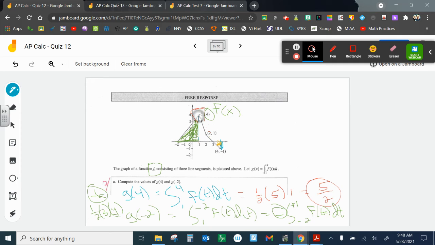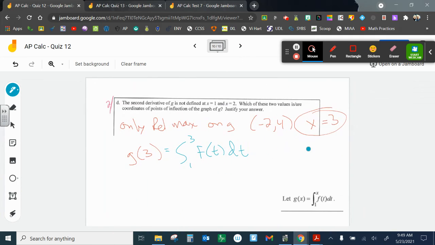So I know between 1 and 2 is 5 halves, and then 2 to 3 is a 1 by 1, so that's going to be plus a half. I'm going to steal some of the work I did. Between 1 and 2 was 5 halves, between 2 and 3 is a half, so it's 6 halves. That's equal to 3. Okay?